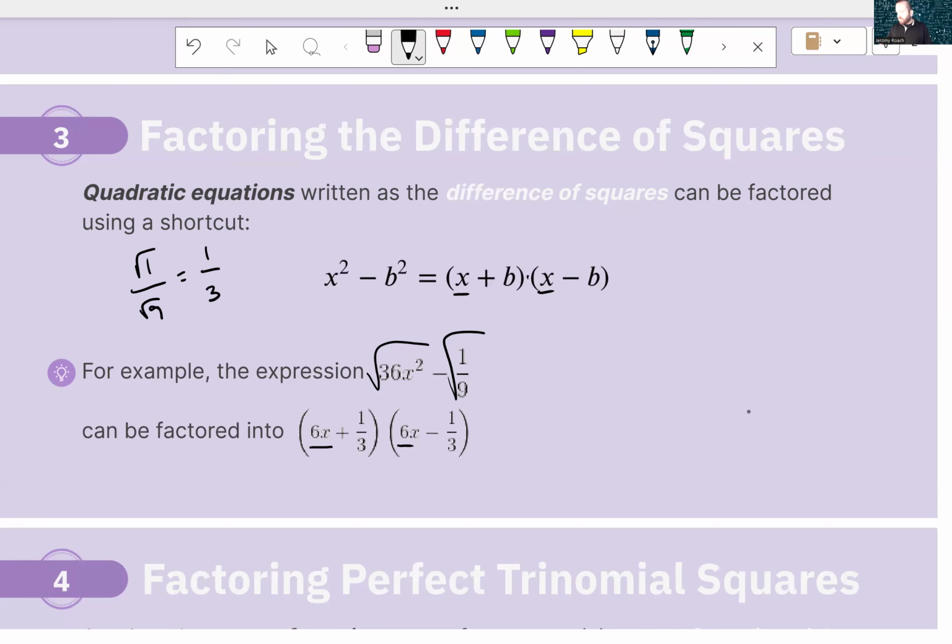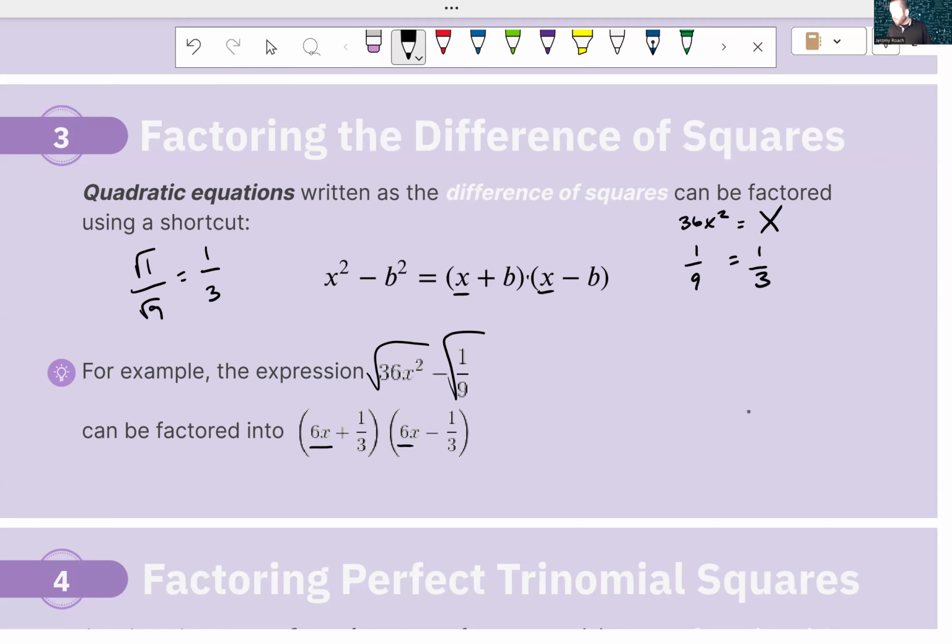And so in this case, if we're using x and b, like up here, we could say that 36x squared for our example equals x for up there, and that 1/9 is equal to 1/3.